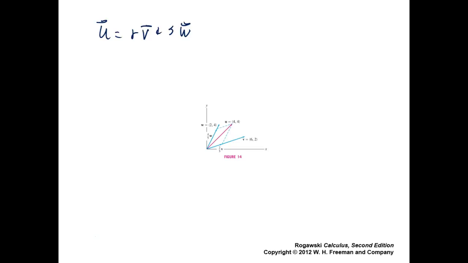Well, we know what u is, they gave us that: (4, 4) is equal to r times that vector v, which we used before, (6, 2), plus s times the vector (2, 4), because that's what w was.